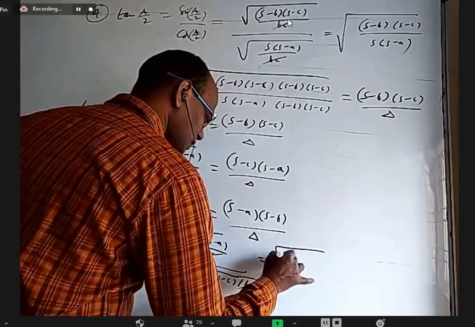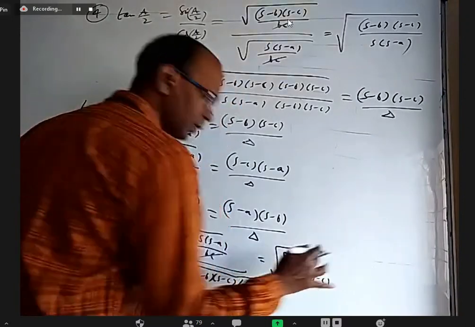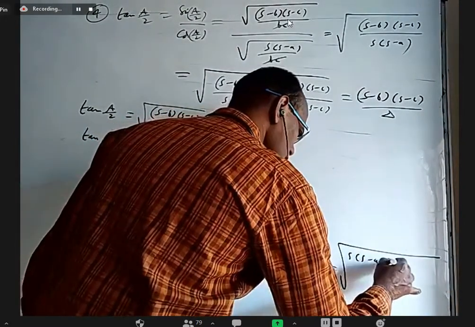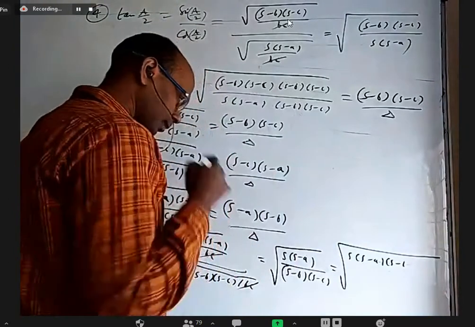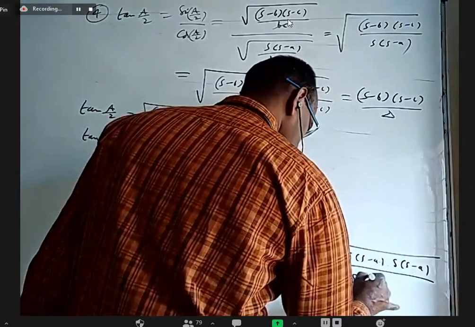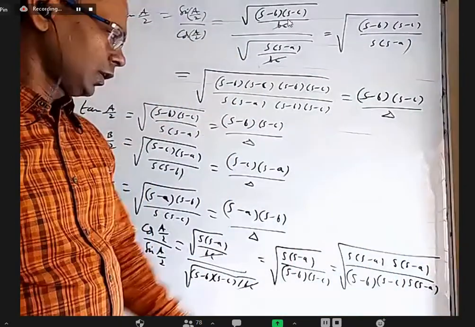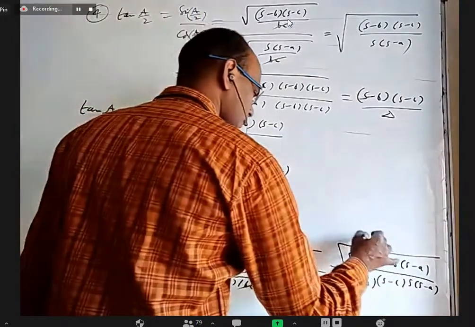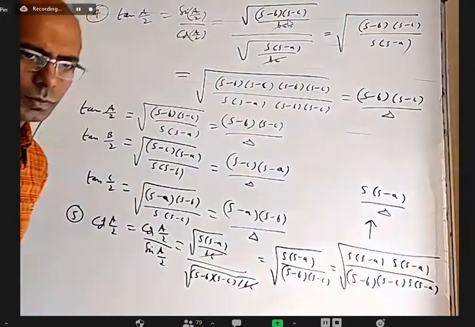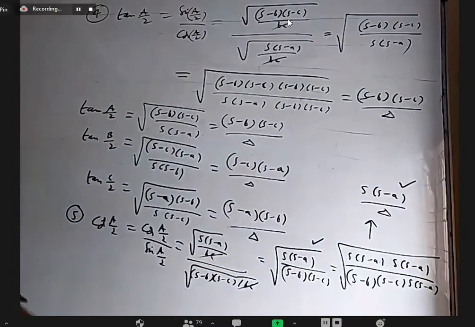So this is a formula: s(s minus a) by (s minus b)(s minus c). I can even here also write s(s minus a) into again s(s minus a), and (s minus b)(s minus c) into s(s minus a). Denominator will be delta, numerator root will go: s(s minus a) by delta. So cot A by 2 has two formulas. One is this and one is this.